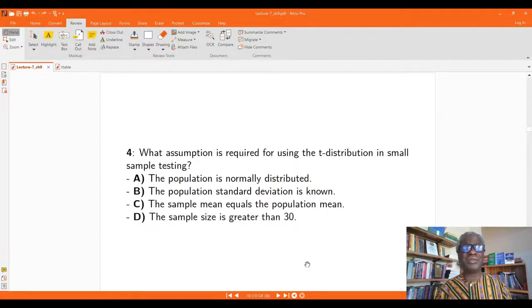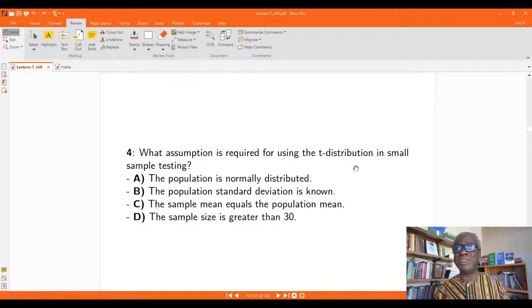The next question is, what assumption is required for using the T distribution in small sample testing?